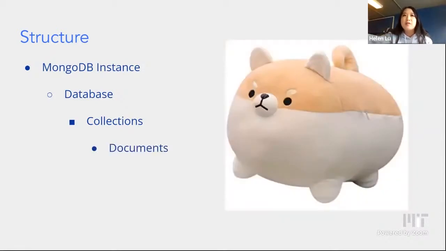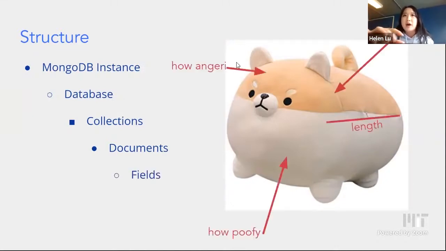For example, we can have a box full of Shiba plushies. All of these objects or documents have their own properties, right? So they have things like how angry the Shiba is, or the color of the Shiba, or the length of the Shiba, or how poofy it is. All of these properties are things we want to store information on about the object, and those are called the fields of our document.